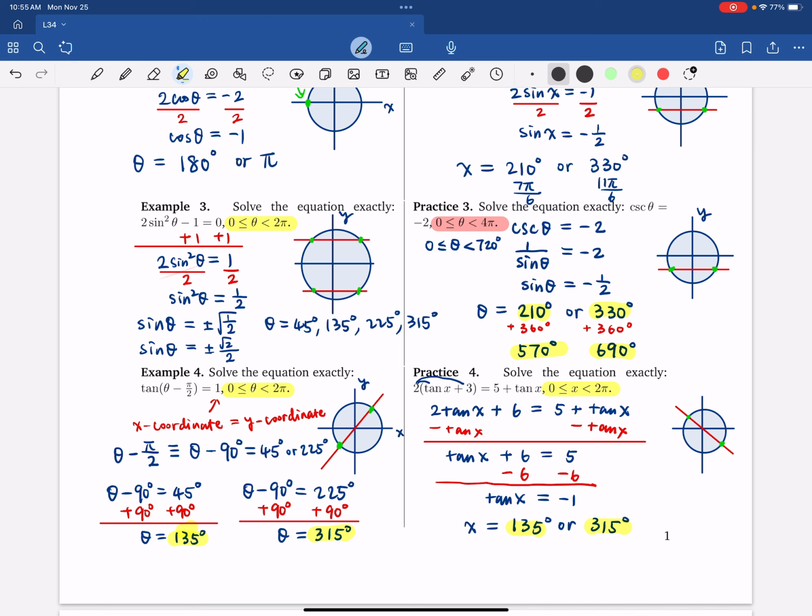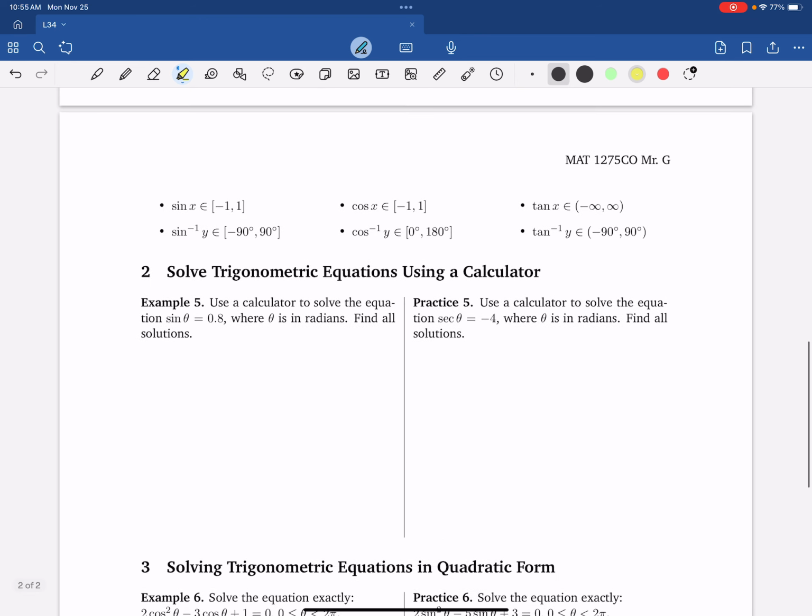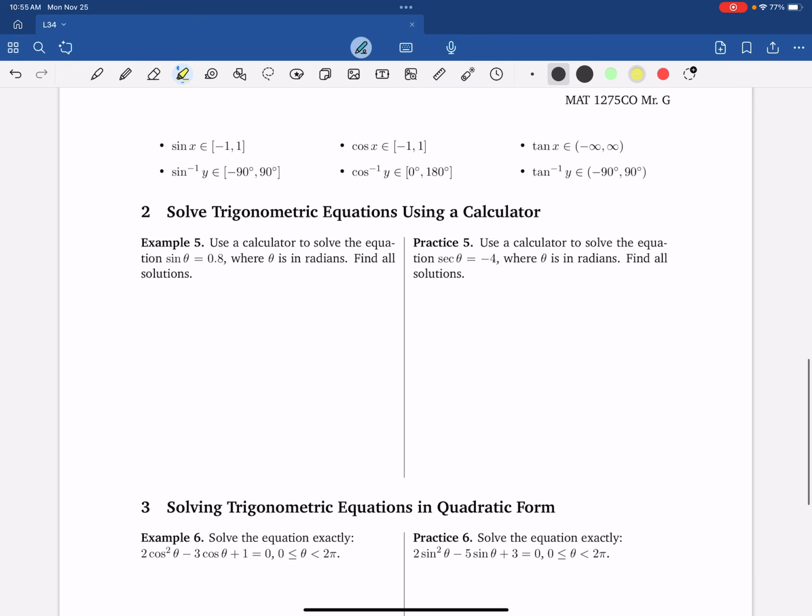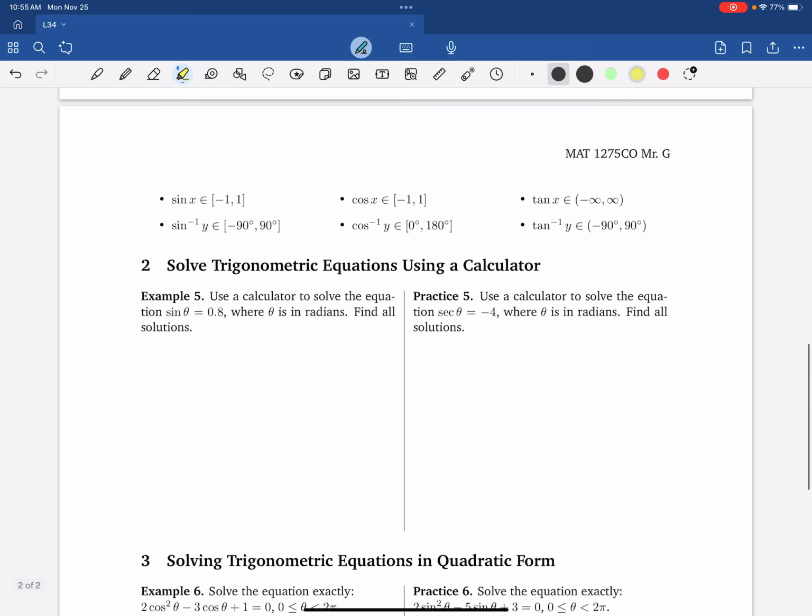All right, so that's the first page. Let's move on to the second page. Second page, we're gonna solve these equations using calculator. Sometimes unit circle might not be able to help if the values that you're looking for are not on the unit circle, right? So we have these practices.